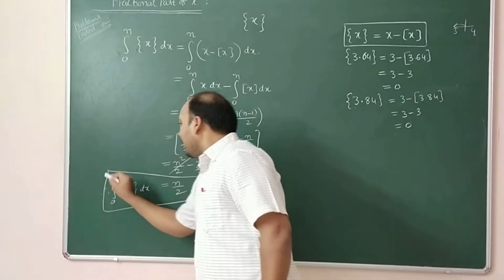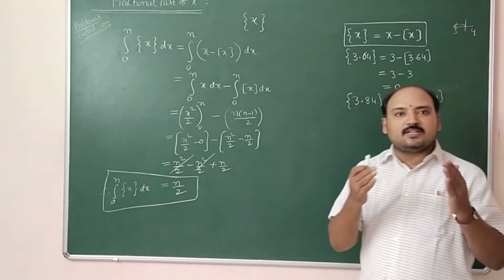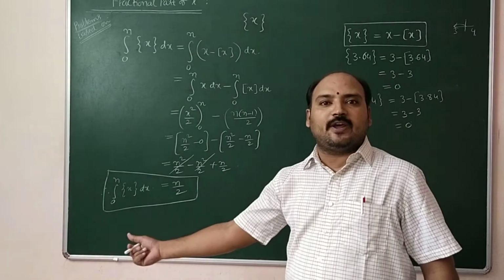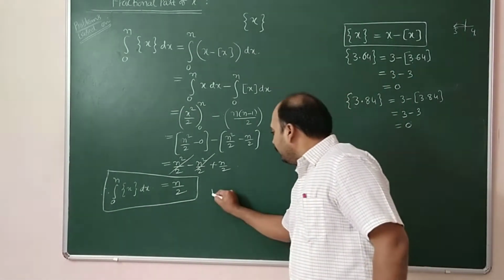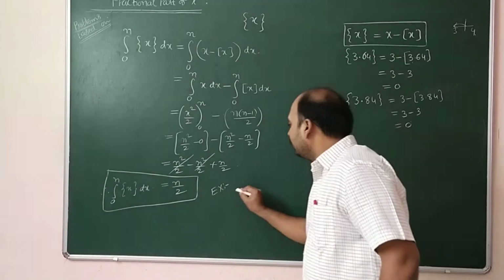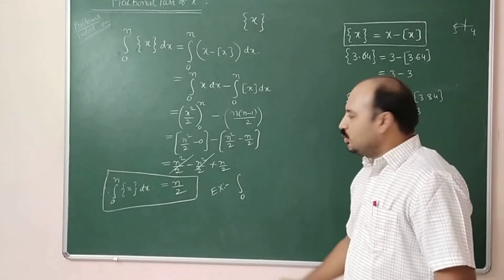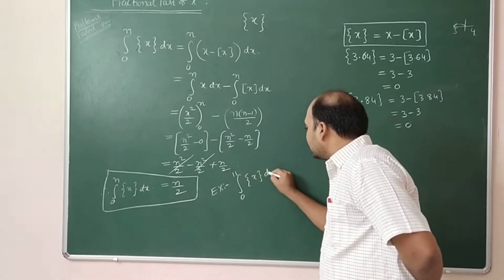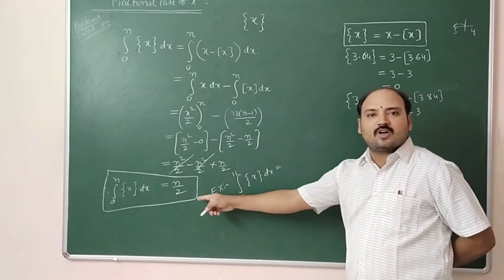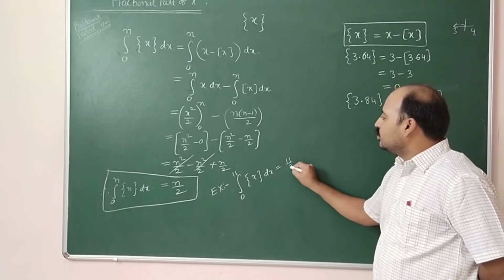Now onwards you remember the shortcut formula: integral 0 to n of the fractional part of x dx equals n by 2. For example, integral 0 to 11 of the fractional part of x dx. Directly by using this formula we can write it as 11 by 2.